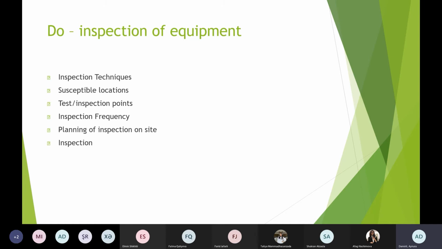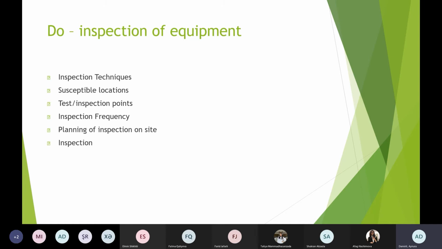If it's horizontal, at the 6 o'clock position, because fluid is moving and some sediments can remain at the 6 o'clock position, in the bottom of the equipment. And if it's a separator, a tank, anything, we need to know the susceptible locations.